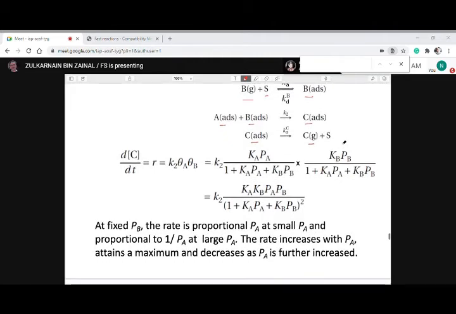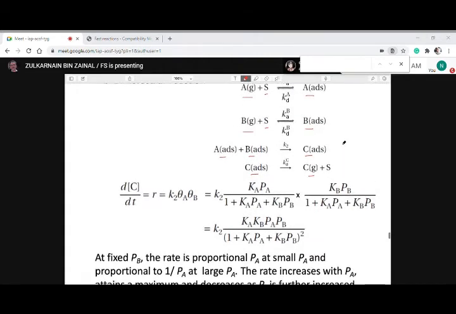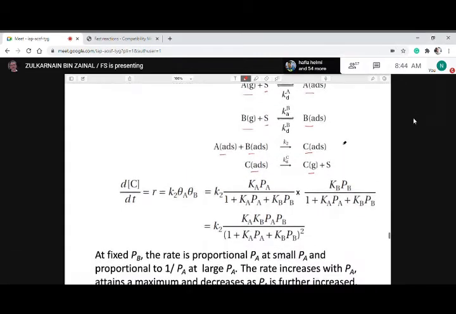Okay, so for this type of reaction, the reaction will depend on the surface coverage of both A and also B, right? The surface coverage of A will be affected by B. The surface coverage of B also will be affected by A, right?